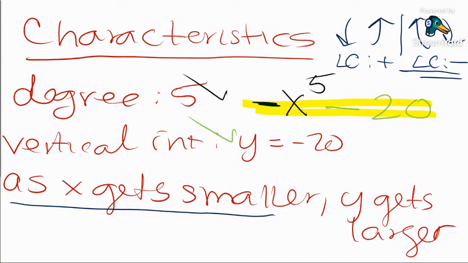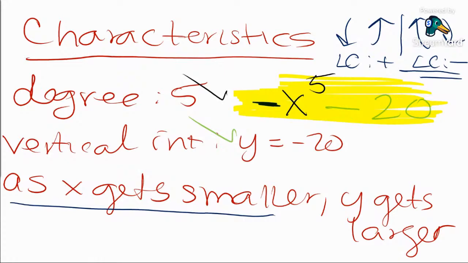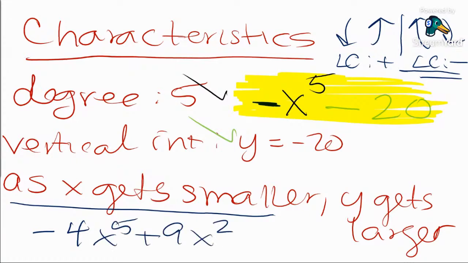Now, there's other variations you can have with this, but these are the parts that have to at least be there and parts that you don't override. So an example of what I'm trying to say is another answer you could have written for this would have been negative 4x to the 5th plus 9x to the 2nd minus 20.